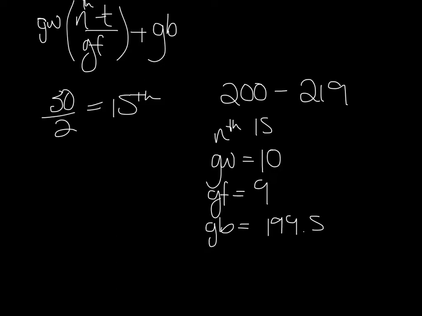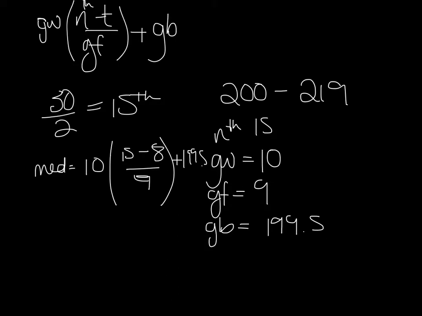So putting all that information into the interpolation formula then, the median must be the group width, which is 10, lots of 15 minus the total data before, so it's anything before our group, well it's 3 plus 5, so that's 8, divided by 9, and add our 199.5. And that should give us 215 to 3 significant figures. And that's it.